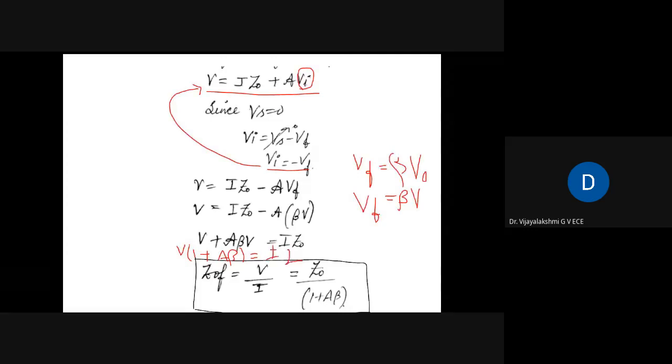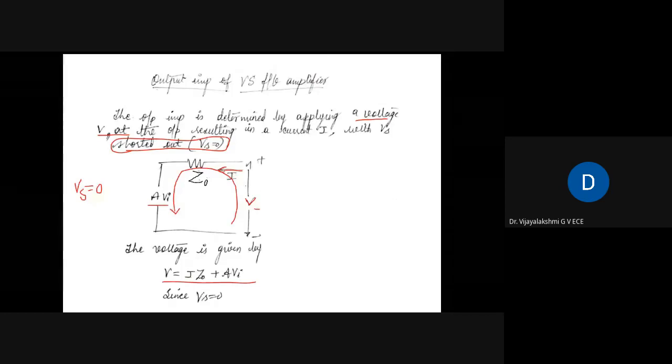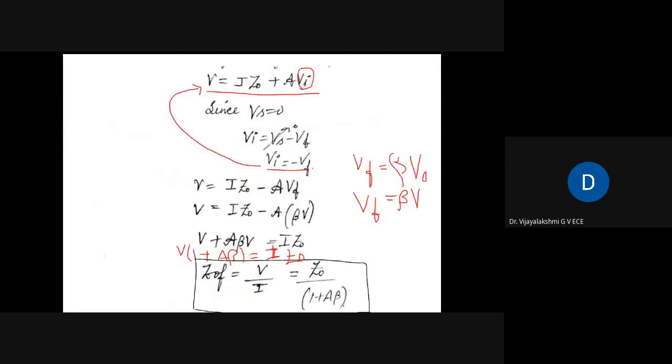Now what are we trying to find out? Output impedance with feedback. What is the output voltage here? V. And what is the output current? I. So we take the ratio V by I. When I take the ratio of V by I from this equation, I get Z0 divided by 1 plus A beta, where V by I is nothing but the output impedance with feedback.